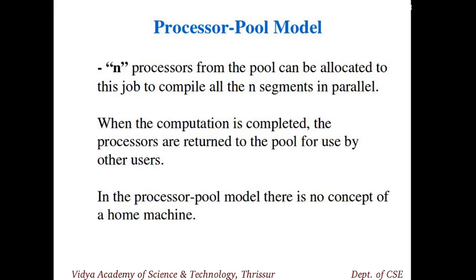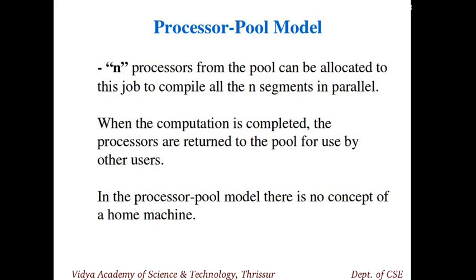In the processor pool model, there is no concept of a home machine. So all the requests will be routed to the processor pool model. So there is no question of having a home machine.